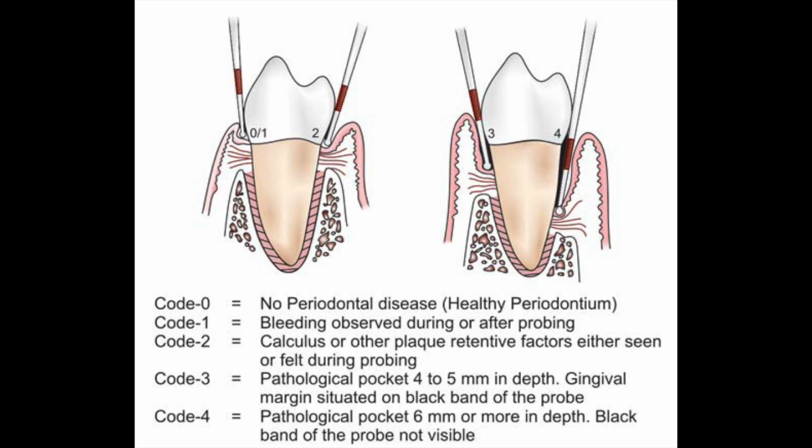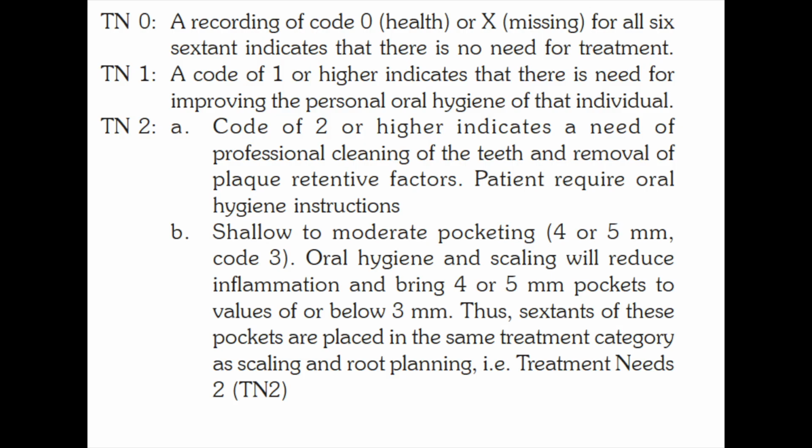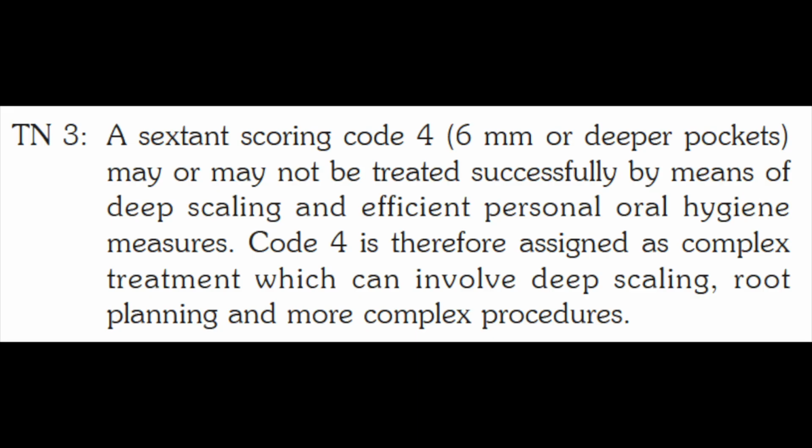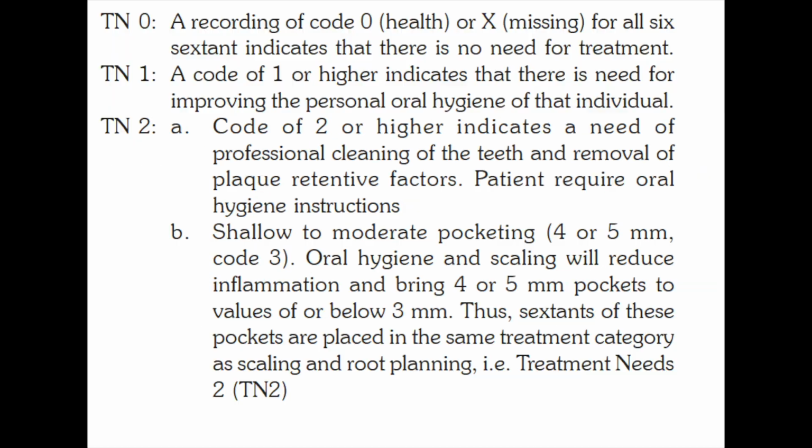The Community Periodontal Index of Treatment Needs, CPITN, is an epidemiological tool developed by the World Health Organization for evaluation of periodontal disease in population surveys. We have codes 0, 1, 2, 3 and 4, and also treatment needs 0, 1, 2 and 3. Code 2 or higher indicates a need for professional cleaning of teeth and removal of plaque retentive factors.